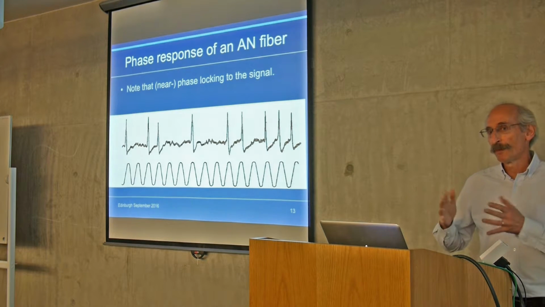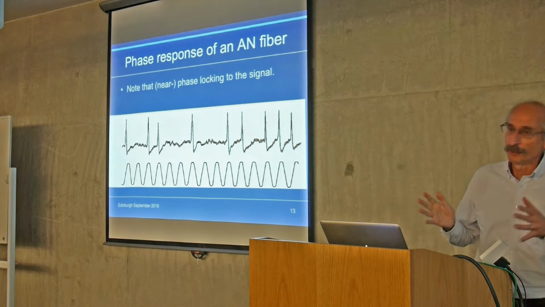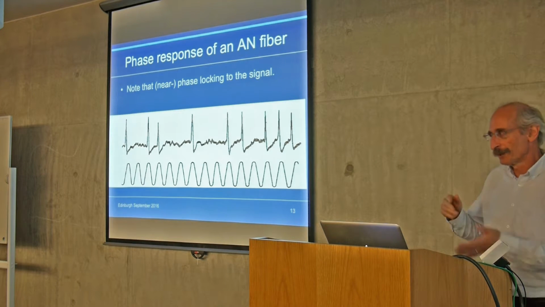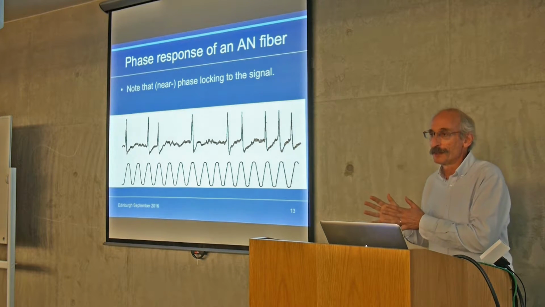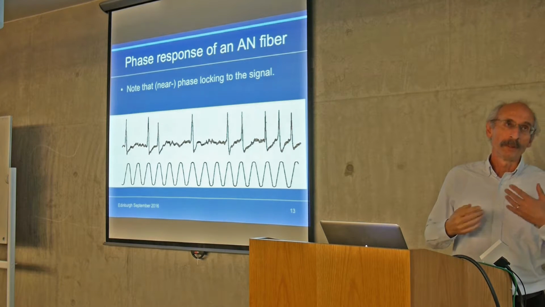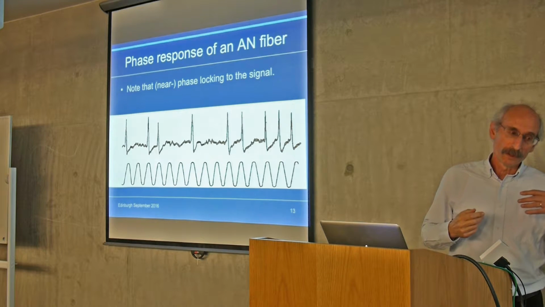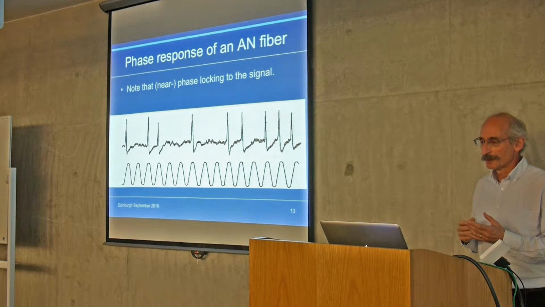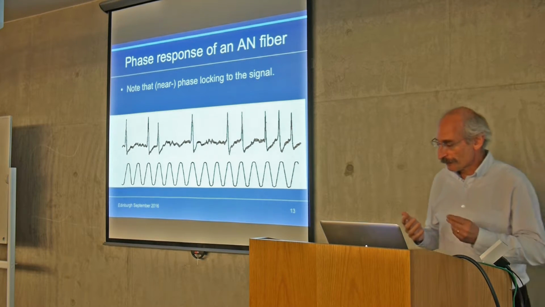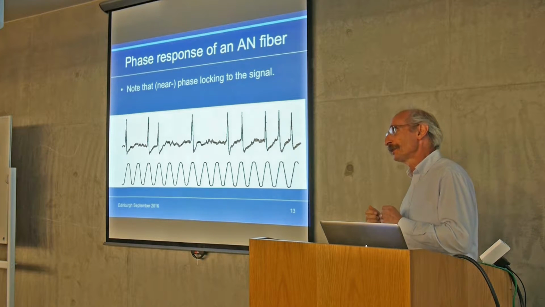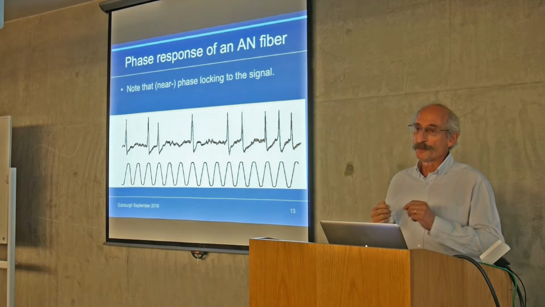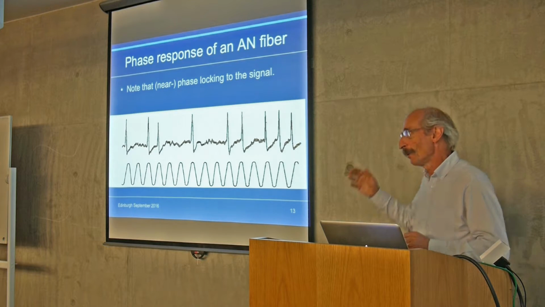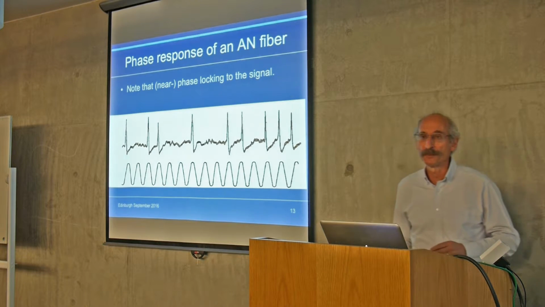At high frequencies, 5-6 kilohertz, that's lost. At low frequencies it's present. In cats it's maintained to a somewhat higher frequency than it is in humans, but it's clearly used inside the brainstem. So, in a way, I'm trying to justify going for more of the fine time structure by what's happening on the auditory nerve itself.